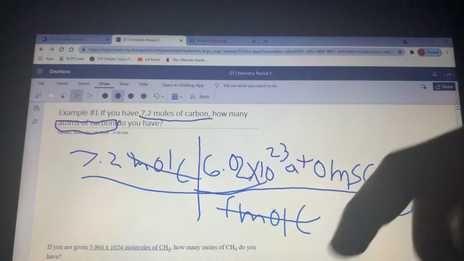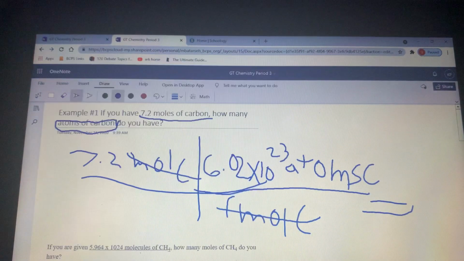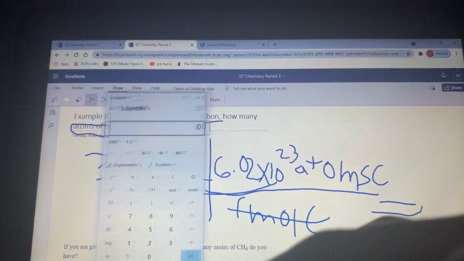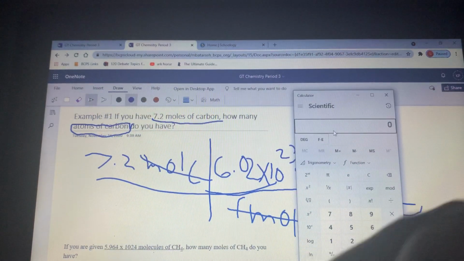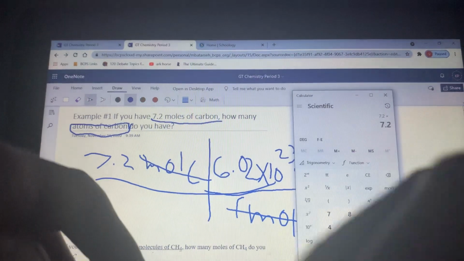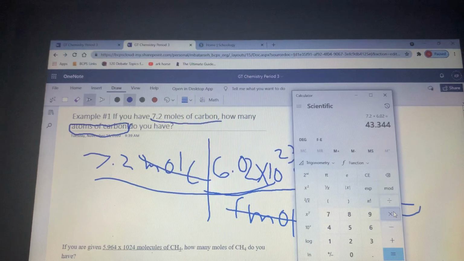But let's do our calculation. So we can go to the calculator. We know that we have 7.2 times 6.02 times 10 to the 23rd, but we're not going to include that in our calculations with numbers, because if you're multiplying something by 10 to the 23rd power, it carries over.